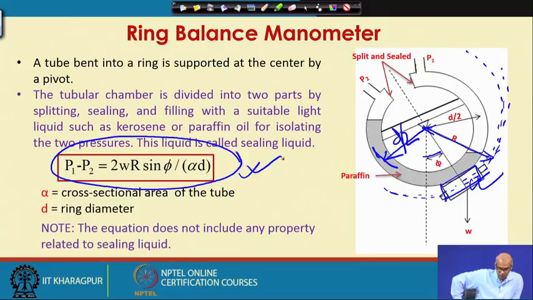Please look at this equation carefully. This equation does not include any term that is related to the property of the sealing liquid. So, what it means is the sealing liquid merely works to create two chambers for pressure applications.